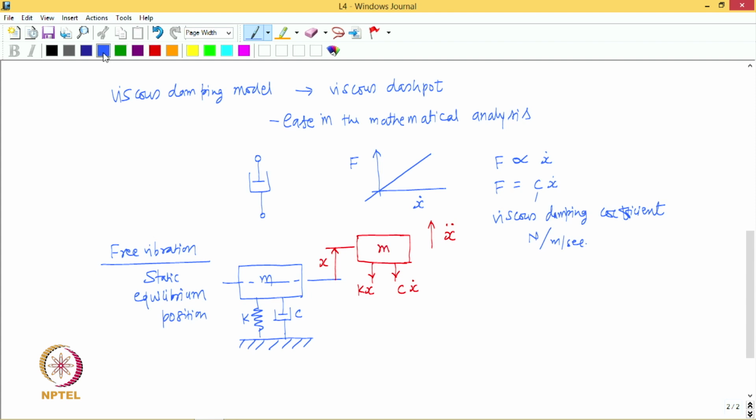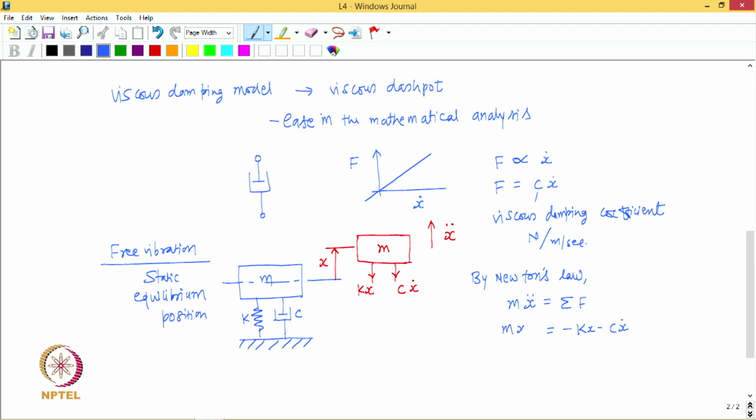Okay. So, now we are in a position to apply the relevant physical law here in order to write the equation of motion. So, if you apply Newton's law, which says that the mass into acceleration is equal to the algebraic summation of all the forces which are acting on the system, right. So, since the force due to spring and force due to damper act opposite to the acceleration, we take them as negative.